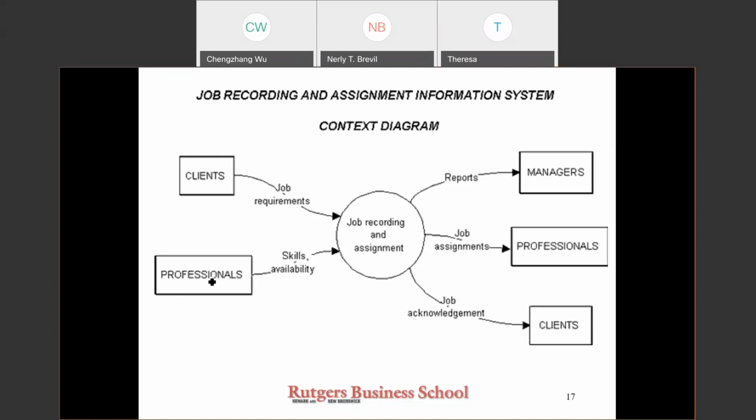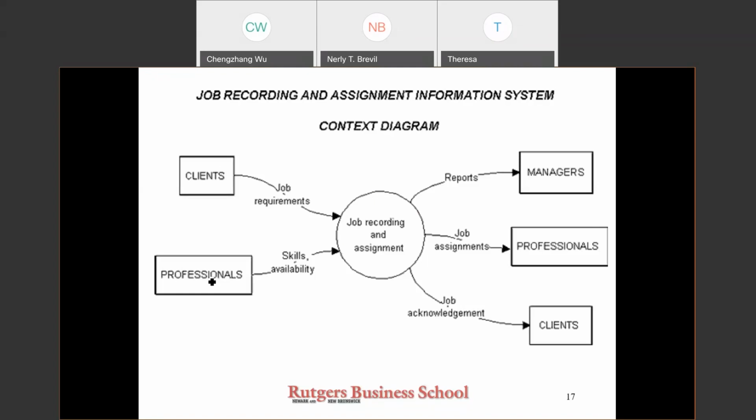So, given the input process output orientation of the context diagram is from left to right. All flows are shown going from left to right, and all flows are labeled.